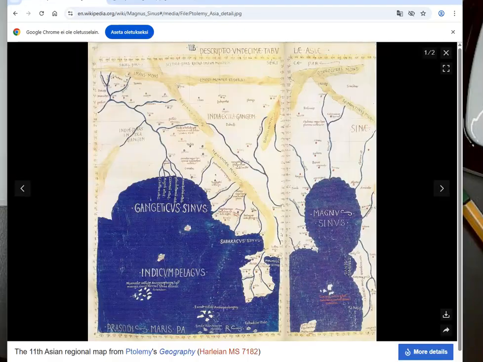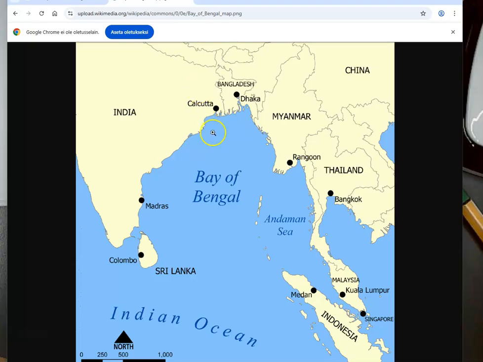And in this old map it is called Gangeticus sinus, or it might be written also in the opposite direction, sinus Gangeticus, I think in Latin they called that. And this sinus word actually means bay or gulf, how do you say it in English?